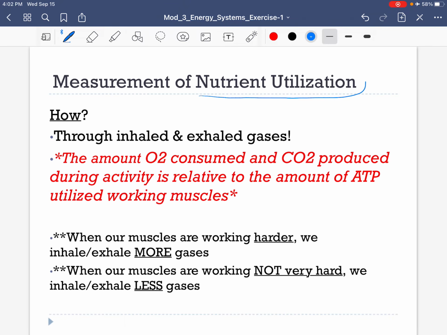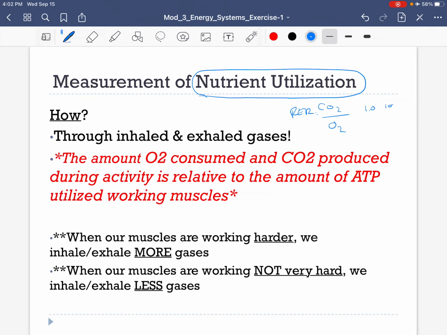So if I were to know what nutrients our muscles are utilizing for energy, because that's what this means, nutrient utilization. That just means what nutrients are our muscles burning for energy? We just talked about it. We can do the RER or RQ, the CO2 produced at a given point in time divided by the O2 produced.